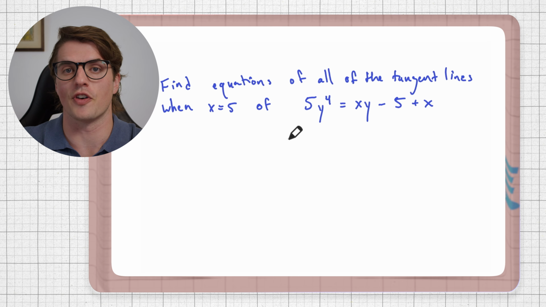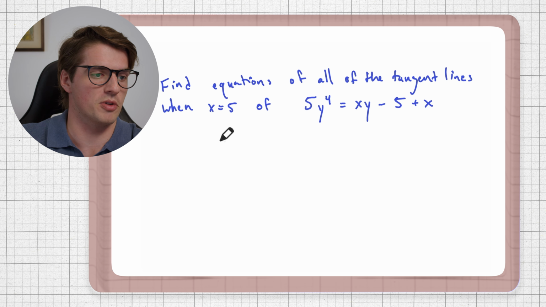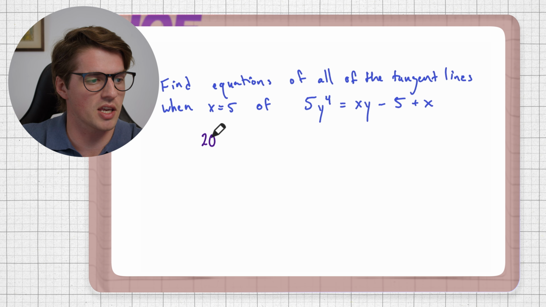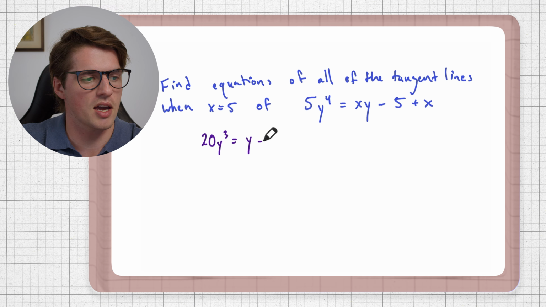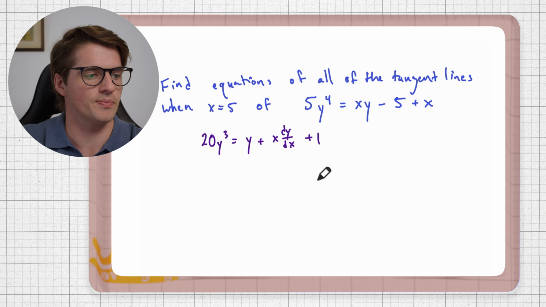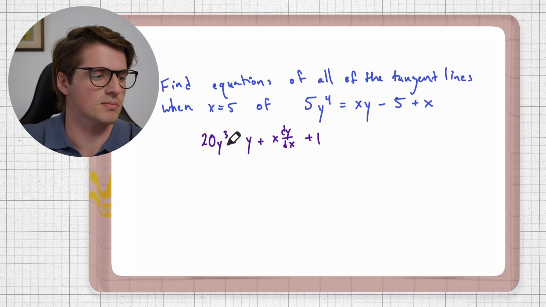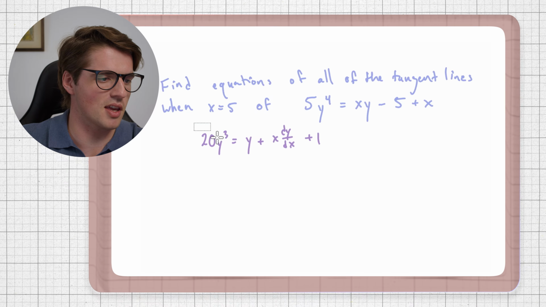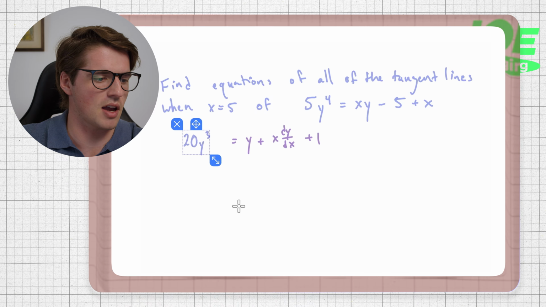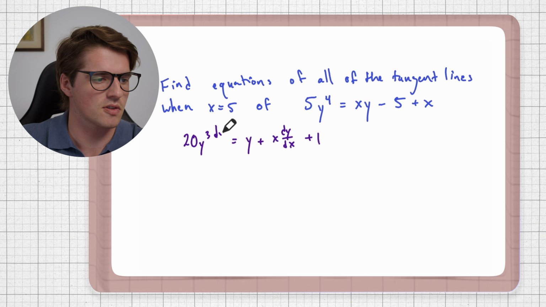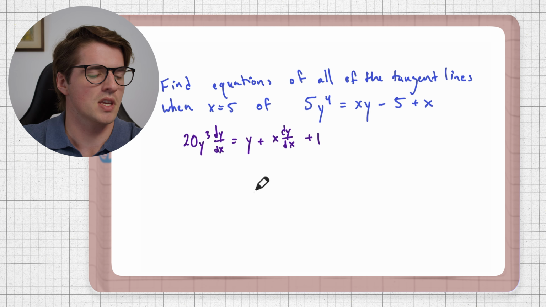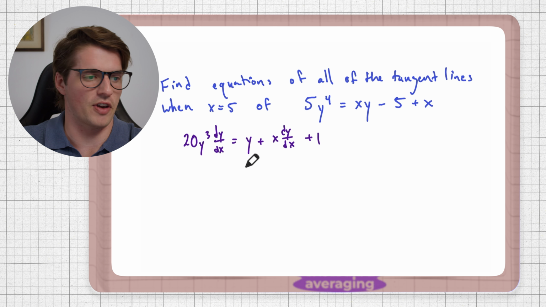So we need to find the derivative to find the slope of the tangent line. So we have 20 y to the 3rd dy/dx equals y plus, this is once again product rule, x dy/dx, plus 1. And look, I did something that you are likely to do. I forgot a dy/dx. So we'll move the x dy/dx over and then factor it out.